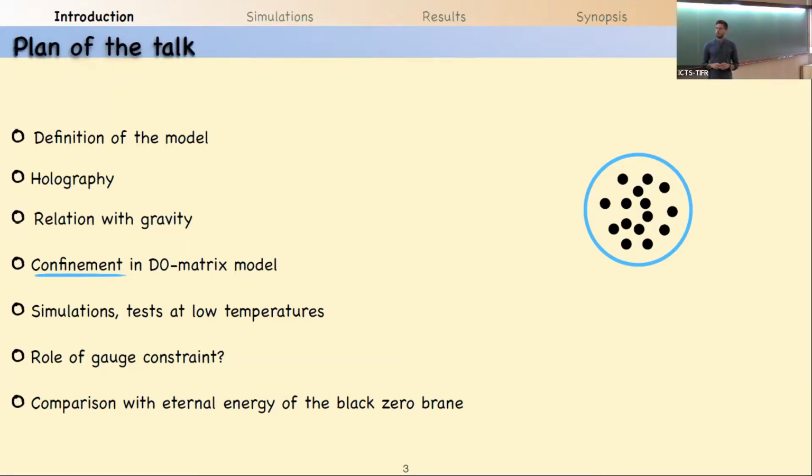Furthermore, I'm going to switch to simulations to test the idea of holography in low temperatures. I'm going to ask a very simple question motivated by Maldacena-Milekhin about the role of the gauge constraint. And I'm going to discuss some ongoing work about comparing internal energies of black holes and matrix model. And I hope that this will create a little bit of excitement. So let's see.